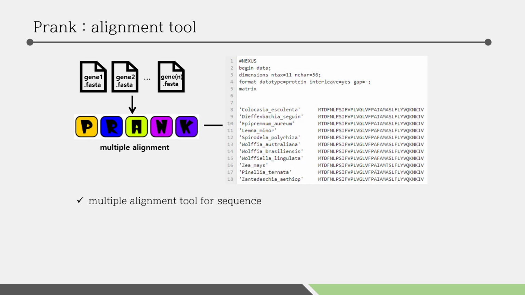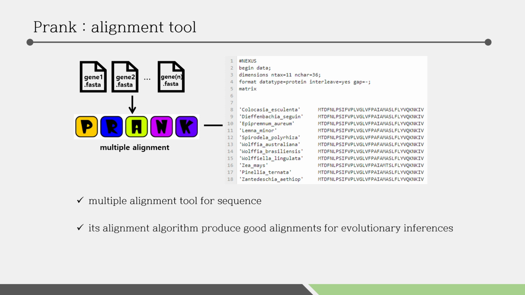Frank is multiple alignment tool for DNA, codon, and amino acid sequence. Its phylogeny-aware alignment algorithm has been shown to produce good alignment for evolutionary inference. It's based on a novel algorithm that treats insertions correctly and avoids overestimation of the number of deletion events.